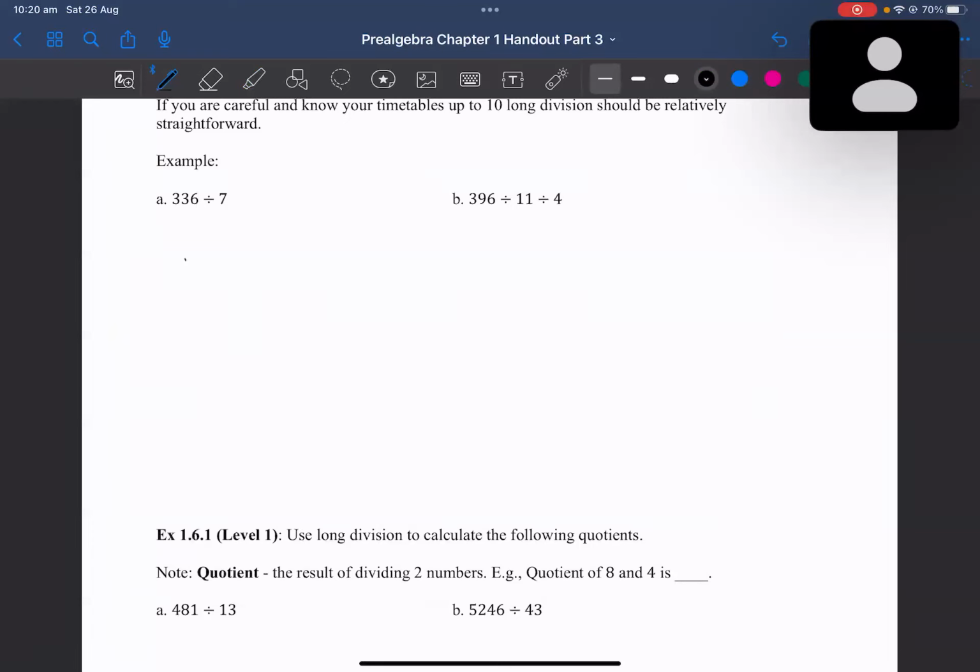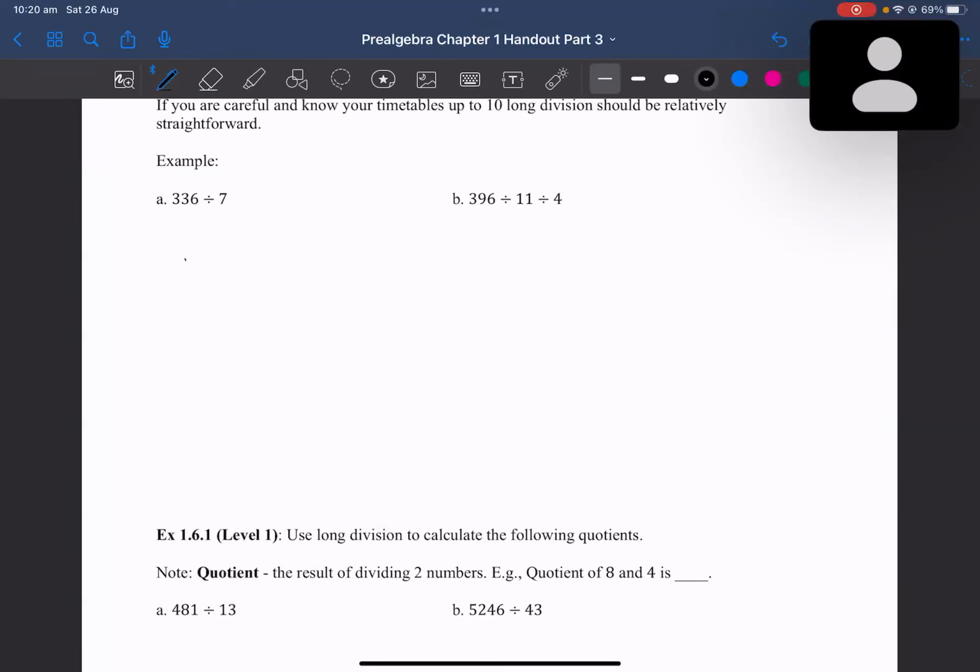As a remainder, do we state the remainder as a fraction, a decimal, or just remainder? Sorry, what do we do with the remainder? There shouldn't be any remainders here. They should all divide perfectly, I think.